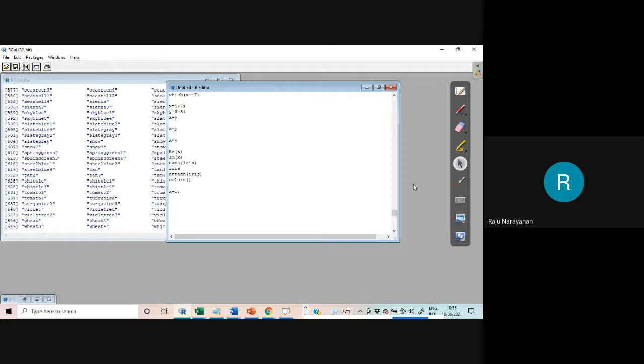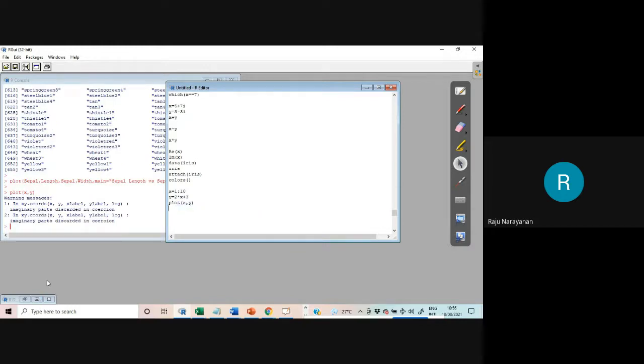X is 1 to 10, and Y is equal to 2x plus 3. It's a linear function, no? You will get a straight line. Plot x comma y. You will get a scatter plot.